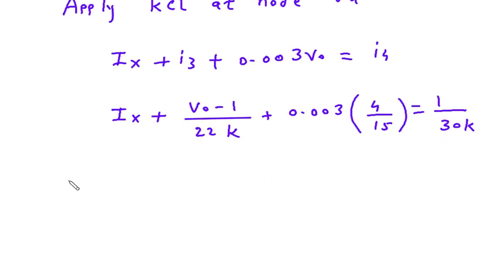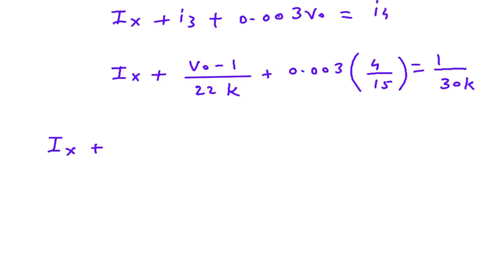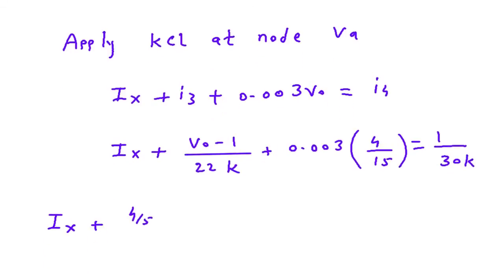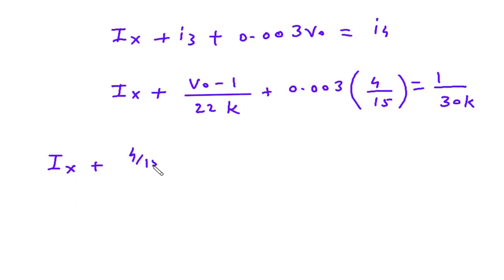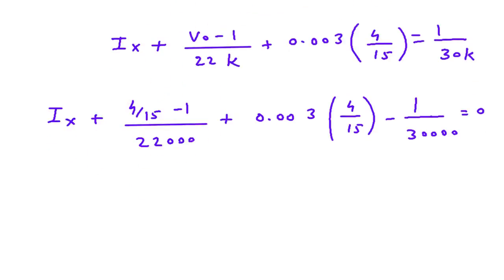So this will be Ix plus VO, which is 4 by 15. So 4 by 15 minus 1 divided by 22,000 plus 0.003 into 4 by 15 minus 1 by 30,000 is equal to 0.